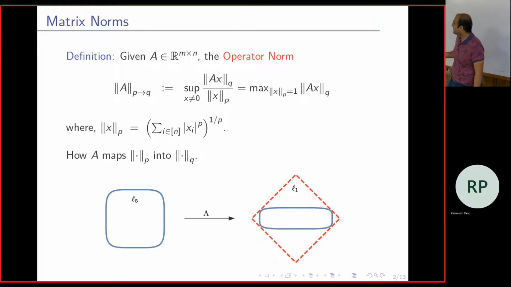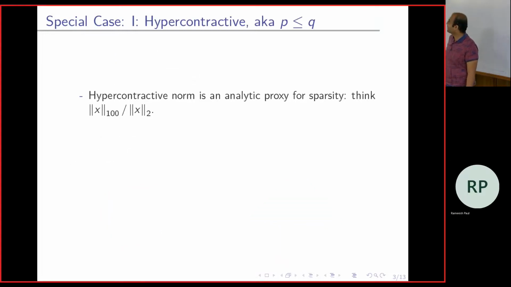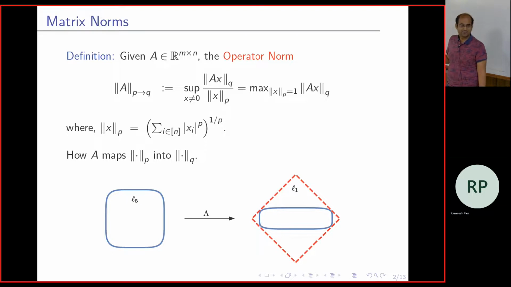That would be the L5 to L1 norm of this operator. So this is the direction that maximizes the stretch; that's the solution X, and that's the stretch. And if you are doing it for 2 to 2, then it's the top singular value. So that is fairly general.